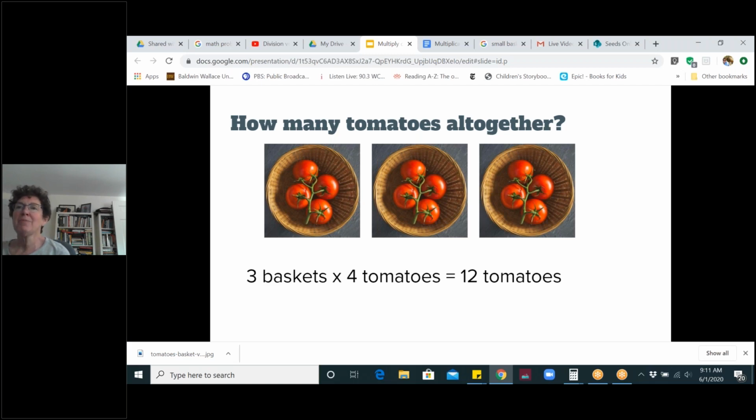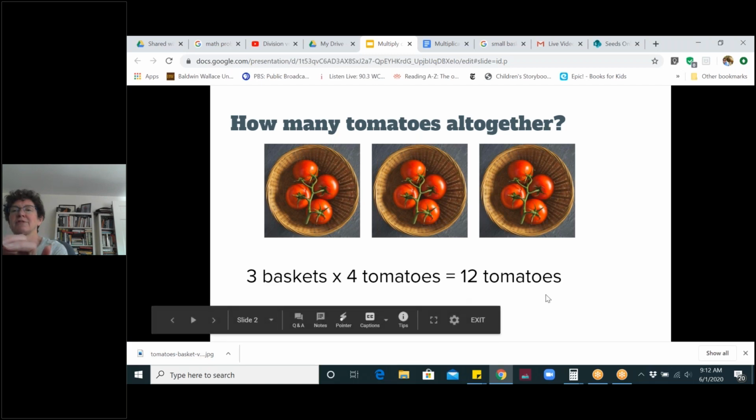And then how many individual items, what size is that group? That's the number of tomatoes in the basket. So we have 3 groups, 4 items in each group. We are either going to add 4 three times or use multiplication to say 3 times 4 equals 12.